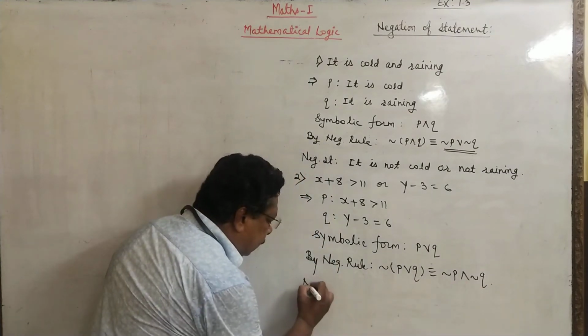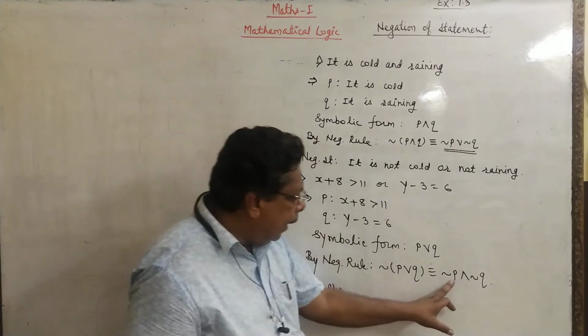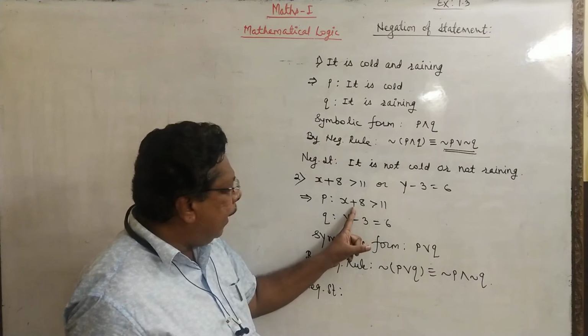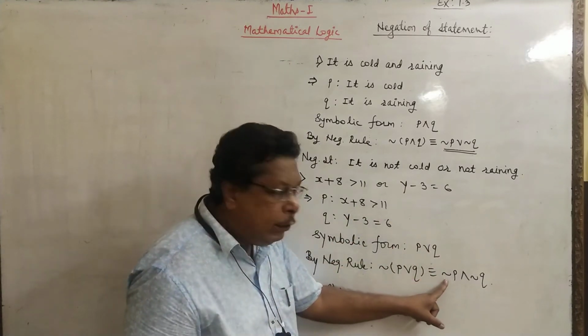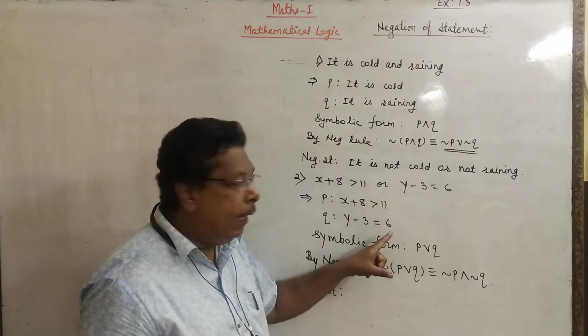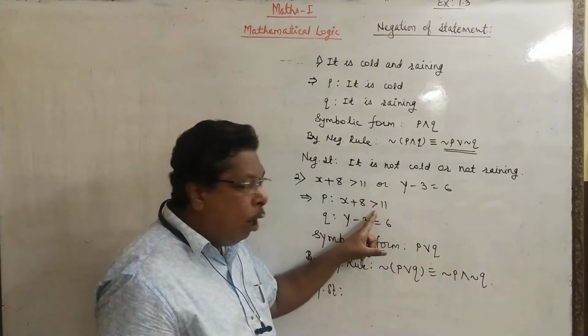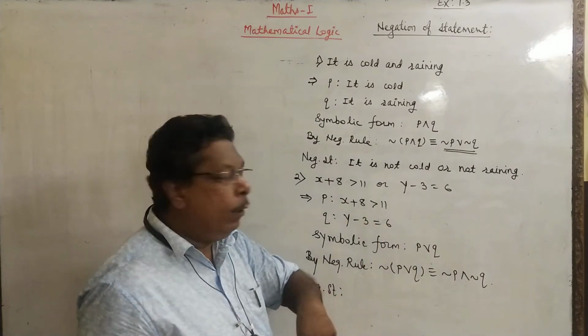So what is negation statement? Negation P. What is P? x plus 8 greater than 11. What is negation P? x plus 8 not greater than 11. Okay, not greater than 11 is simply less than or equal to 11.